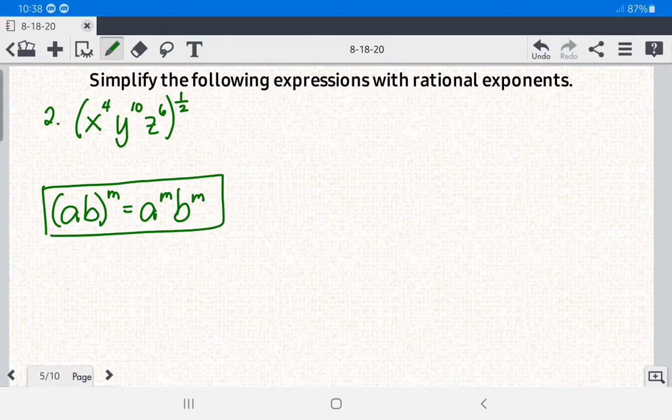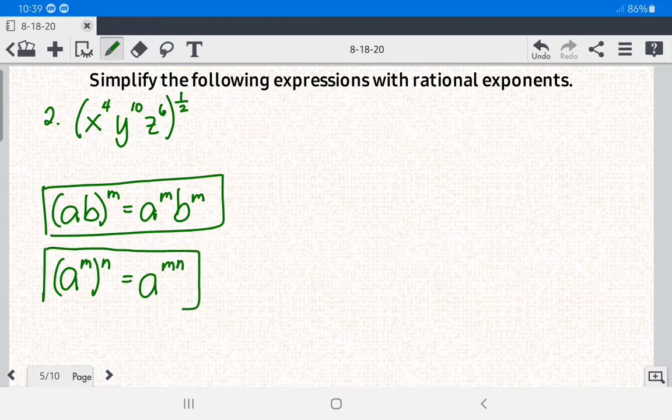And then another concept that we're going to make use of is the power rule of exponents, where if we have a raised to the m power raised to the n power, this is equal to a raised to the mn power. So you will just multiply the exponents.